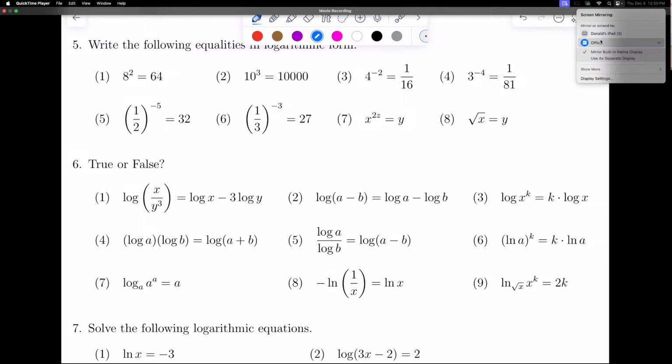All right, Devin did point out something kind of interesting. He checked the answer for number 6.3, log x to the k, and it seems like a true statement. But he checked on a decimal, and he typed in log x to the k and k log x.